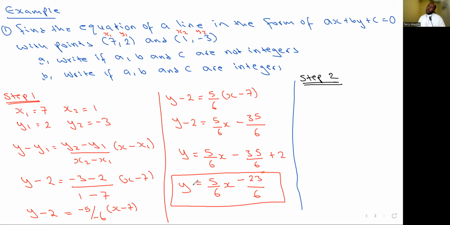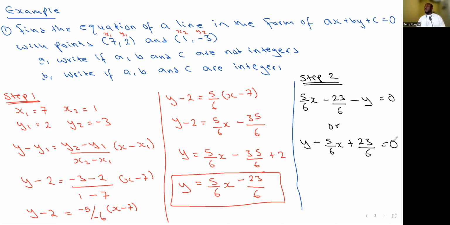So you can either move the y to the other side, so it's going to give us 5 over 6x minus 23 over 6 minus y. Or you can decide to move all this to the other side, okay? It's going to give us y minus 5 over 6x plus 23 over 6 is equal to 0. So any of this is fine.